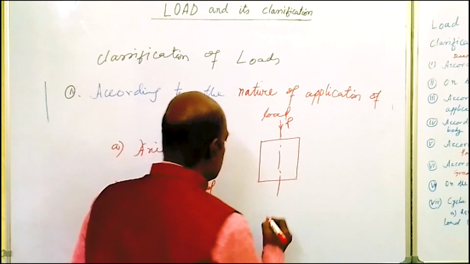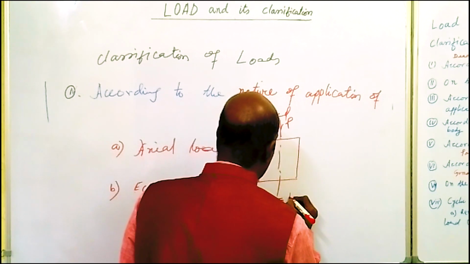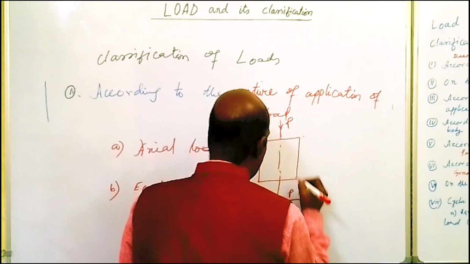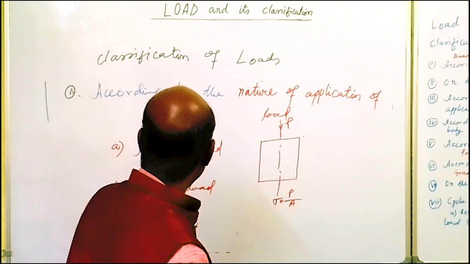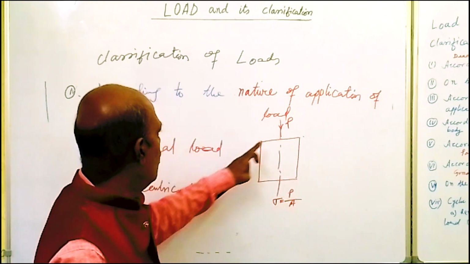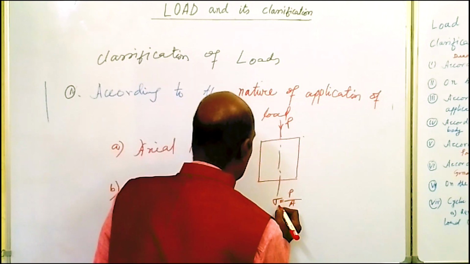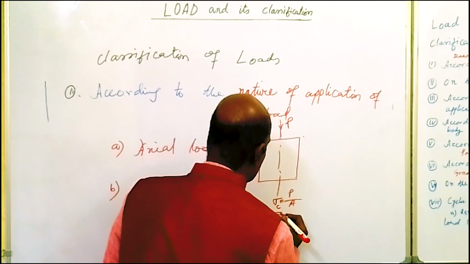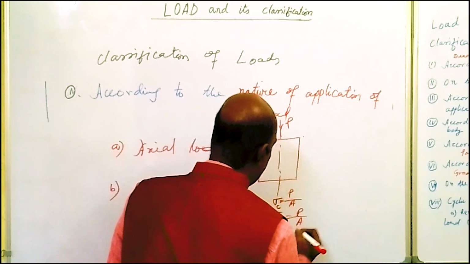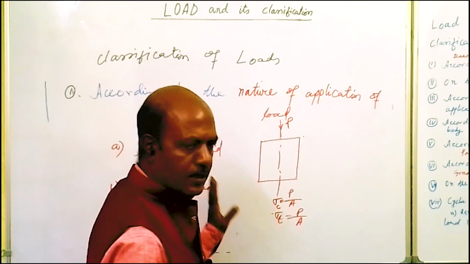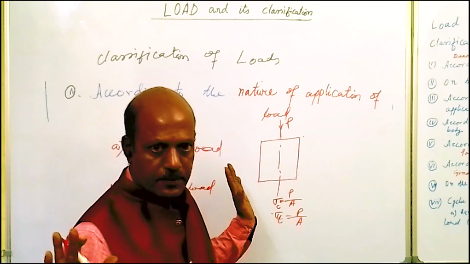So now sigma, the compressive stress, is given by P by the area of the member. If the load is tensile, it will develop tensile stress, also given by P by A. So these are called direct stress. Because of axial load, direct stress will develop in the member.